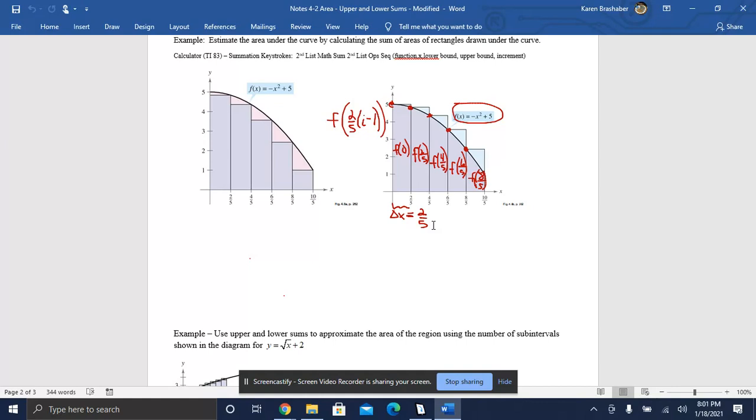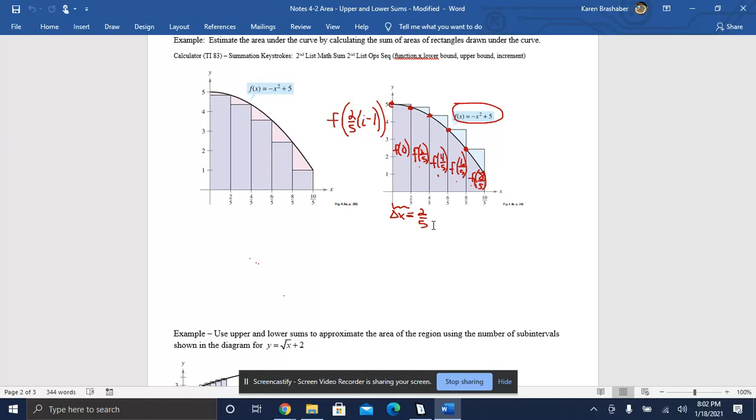If i is a 2, I'll have 2 minus 1. That will be a 1, and I'll get f of 2/5. If i is 3, so notice I'm just going up by 1, I'll get 3 minus 1, that's a 2. 2 times 2/5, there's my 4/5. 4 minus 1 would give me 3, there's my 6/5. And again, 5 minus 1, so my last rectangle, 5 minus 1 would be 4 times 2/5, 8/5. So this could be my general statement of the height of each one of these rectangles.